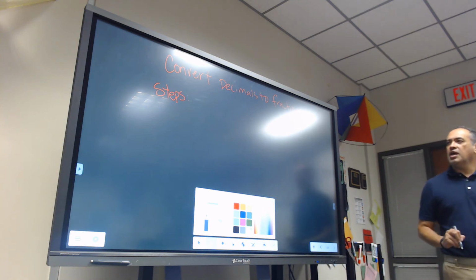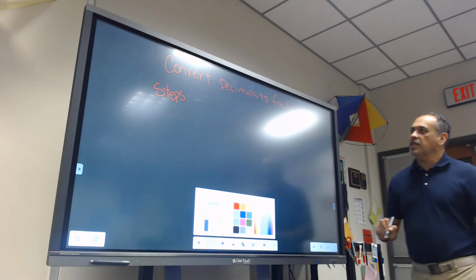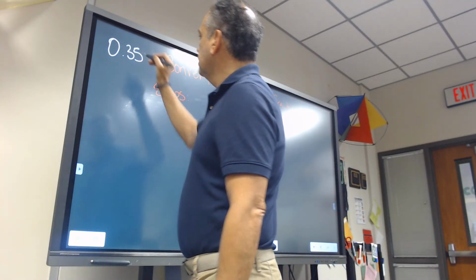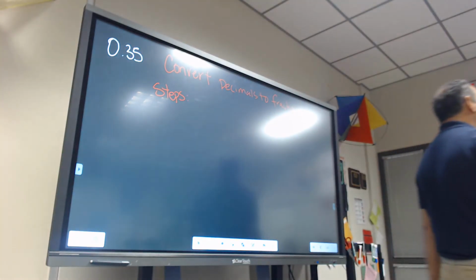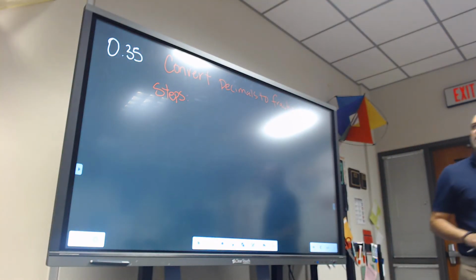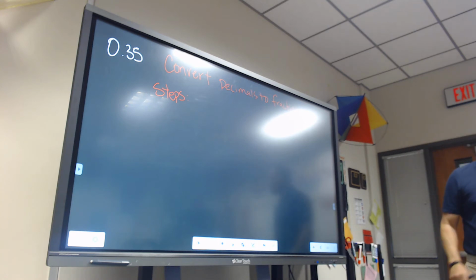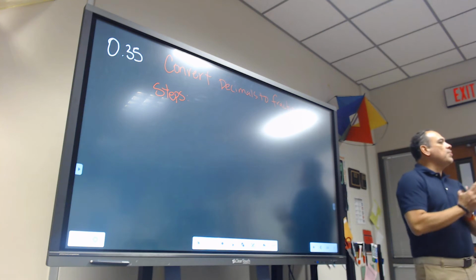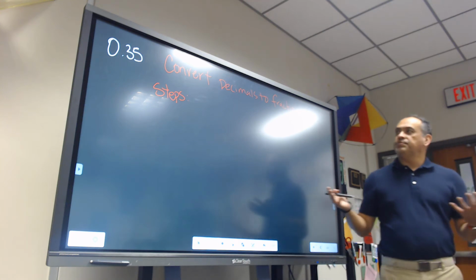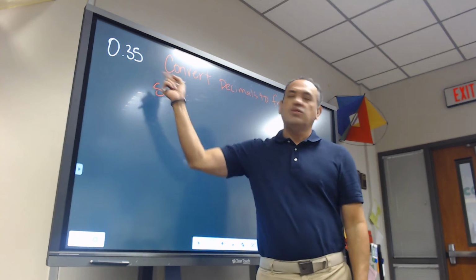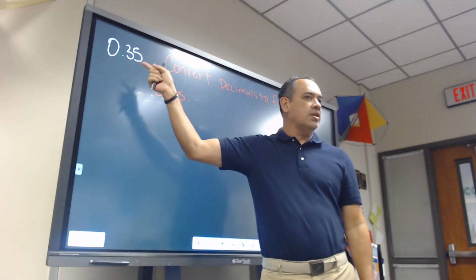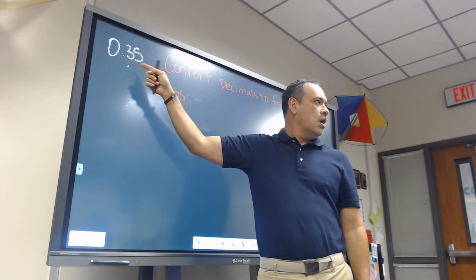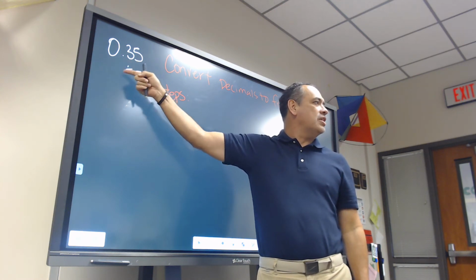So the first thing, you know what? I am going to write a decimal here. Just to give you an idea of what a decimal looks like. Every time we talk about a decimal, you can just remember that 0.35 is a decimal, right? So what I'm going to do first when I need to convert is look at the decimal that I'm working with, and count how many digits my decimal has, right?